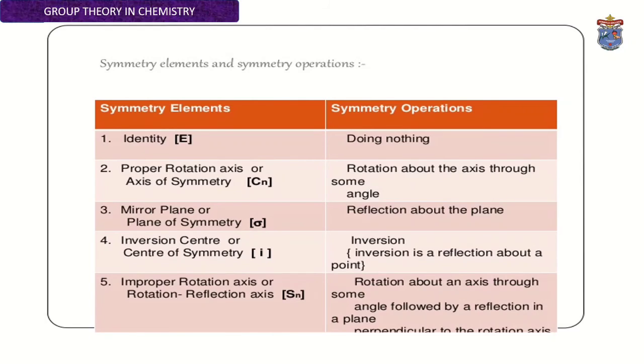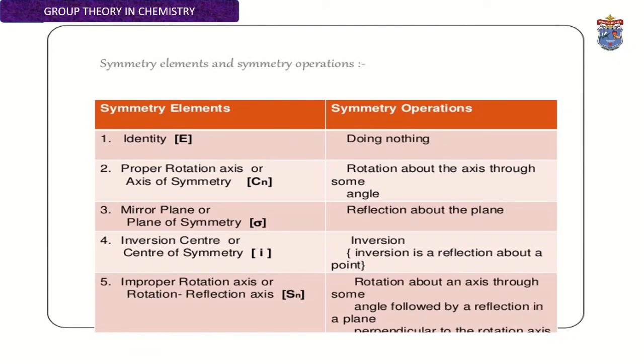We are doing nothing for the identity element. The second element is the proper rotation axis or axis of symmetry. It is represented by capital C with subscript small n, that is Cn. Rotation about the axis through some angle is done for the proper rotation axis of symmetry.